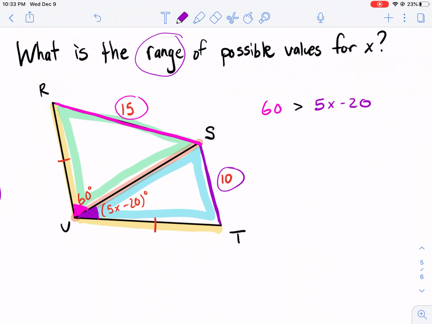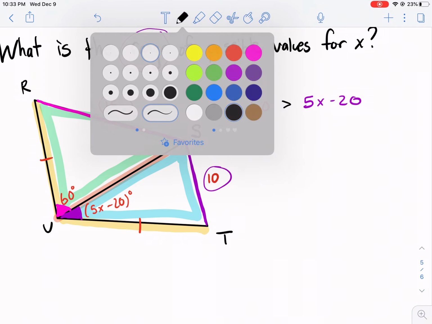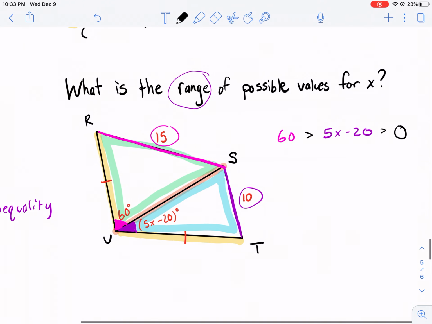Now, there's something else we know. We know that this is a side length. So this is maybe intuitive to you, but it's got to be bigger than 0. Not only does it have to be less than 60, but it also has to be bigger than 0. We can't have a negative angle here, okay? Now, this is for acute angles.